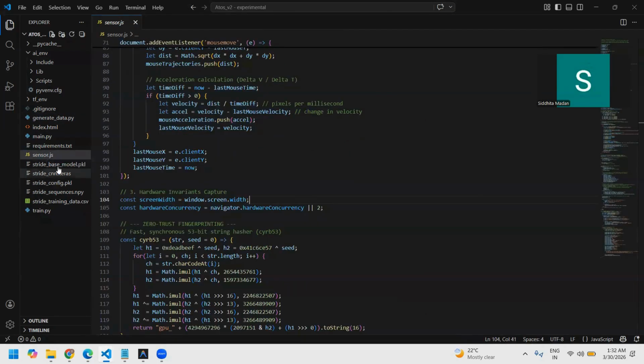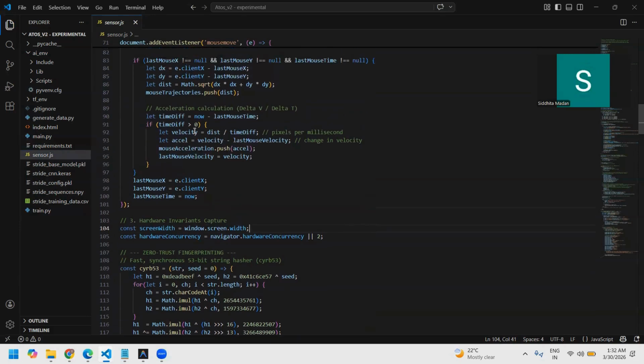So now coming on to sensor.js, which is basically handling the front end portion of our engine. It is basically collecting different physics variables like the mouse velocity, acceleration, Euclidean distance. But then again, these are raw data and raw coordinates that would definitely be useless to our engine.